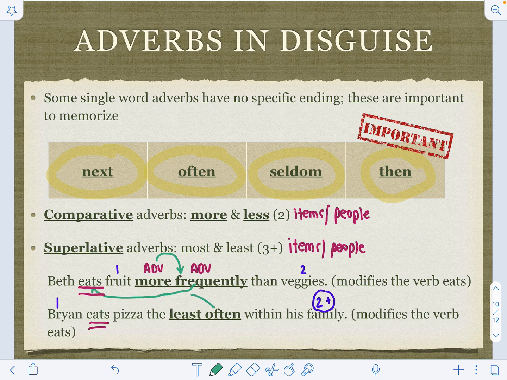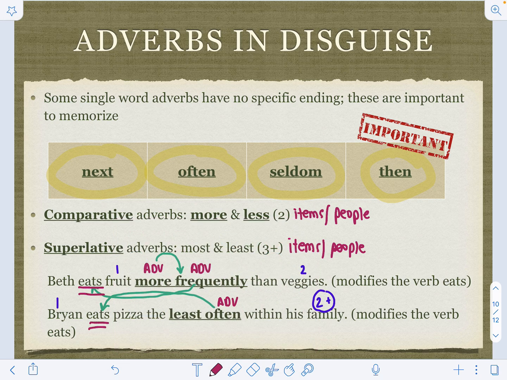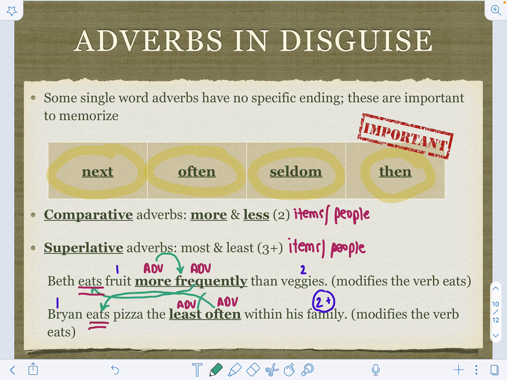Often is modifying eats. And then least is modifying often. To what extent? The least. Okay.